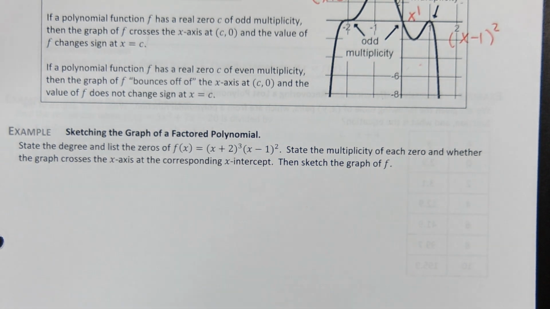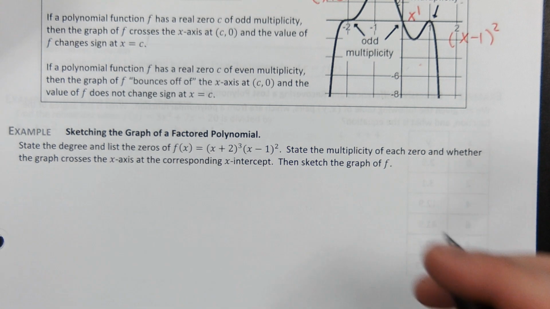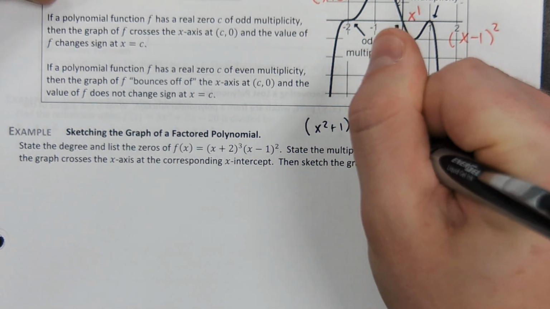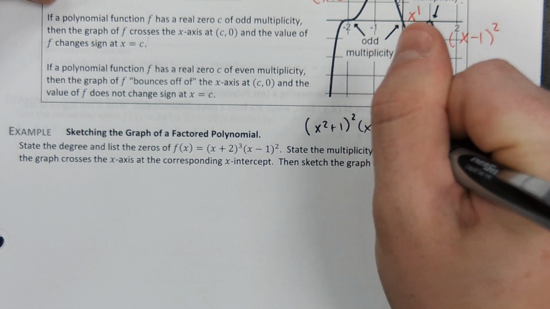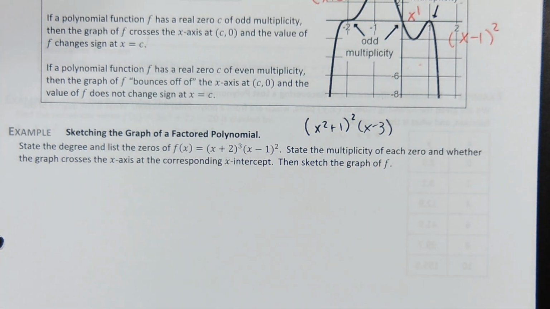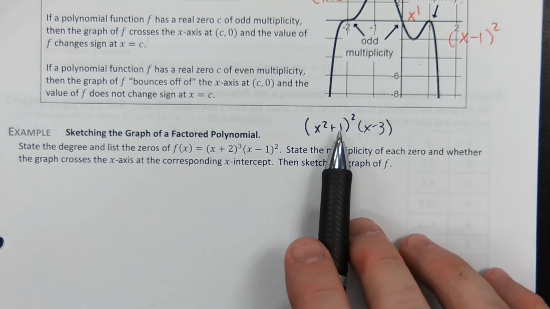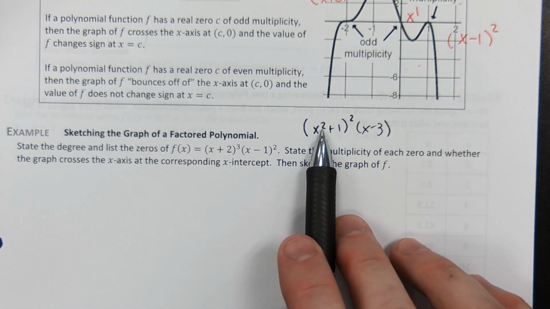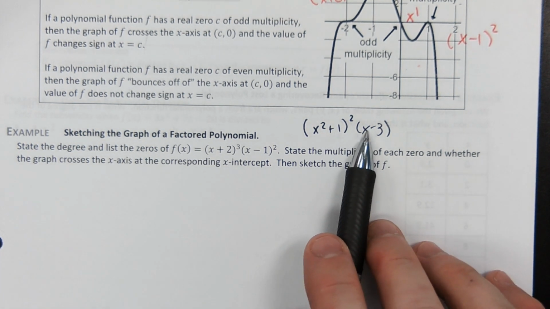Now I'm not going to give you one like this, but students sometimes say a what if, and they'll go, what if it said this? Let's just say I made it up like that. What's the degree of that polynomial? That's a fifth degree polynomial. The reason is because if you squared this set of parentheses, you would get an x to the fourth, and then if you multiplied it to this, you'd get an x.